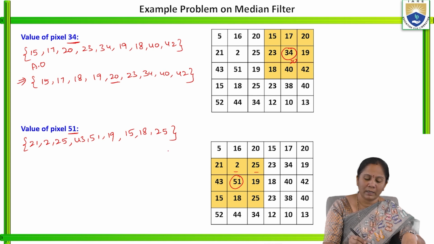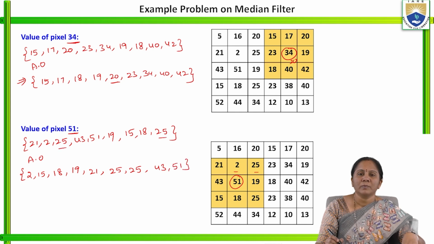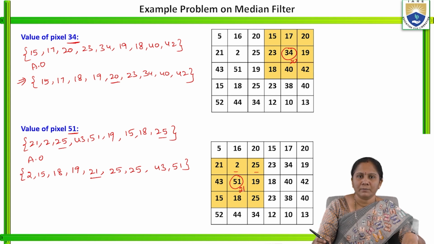Considering all the neighborhood values, arrange them in ascending order. If we arrange, we will get 2, 15, 18, 19, 21, 25, 25, 43 and 51. Here two 25s are there. So here 1, 2, 3, 4, 21 is the center pixel value. So this 51 will be replaced with 21.